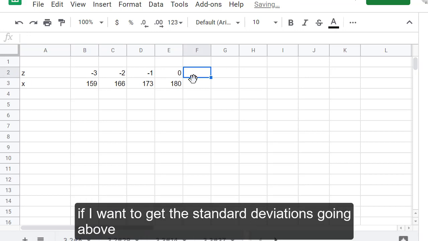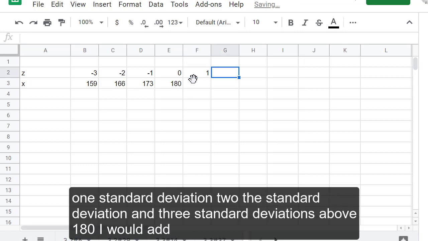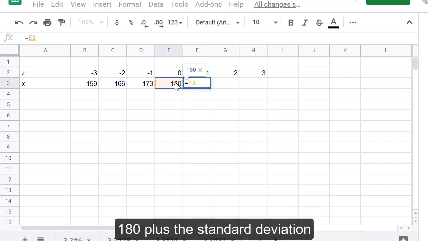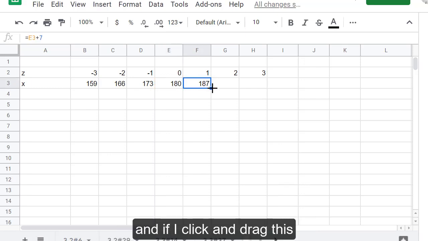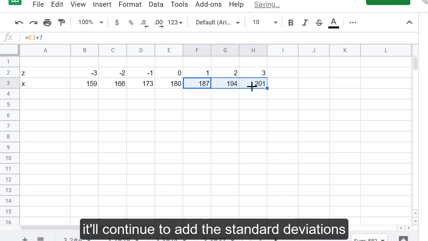If I want to get the standard deviations going above, 1 standard deviation, 2 standard deviations, and 3 standard deviations above 180, I would add 180 plus the standard deviation. And if I click and drag this, it'll continue to add the standard deviations.